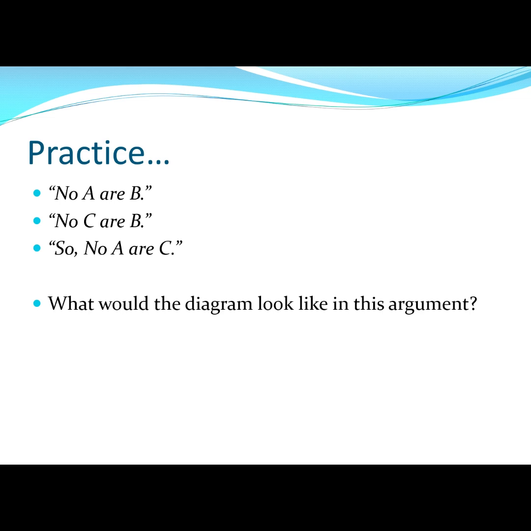Let's start off with A. The first line says no A are B, and the second line says no C are B. So A has no relationship with B or C. Now let's do B. B has no relationship with A and no relationship with C. And then we have C that is also completely separate. So we have basically three separate classes, three separate circles, and that's what the diagram would look like.